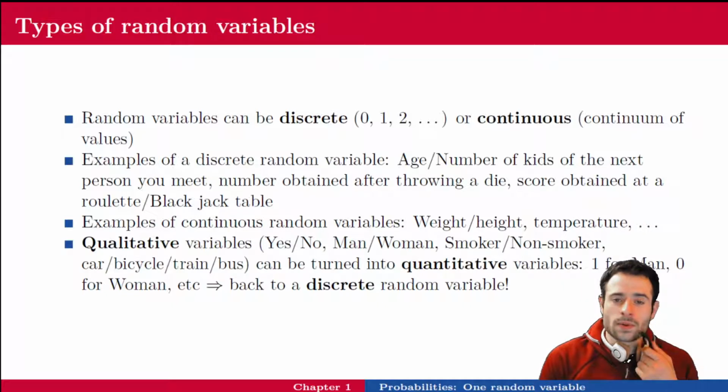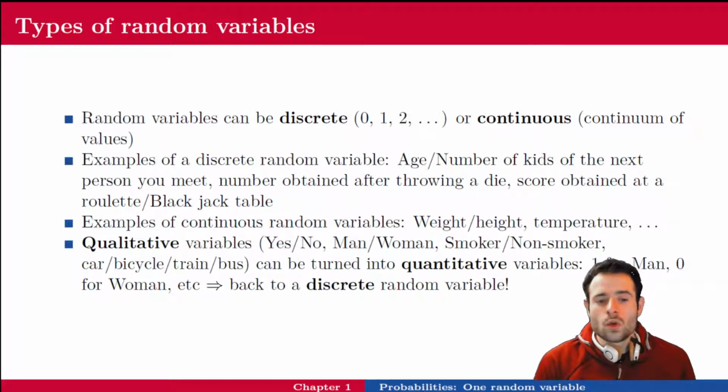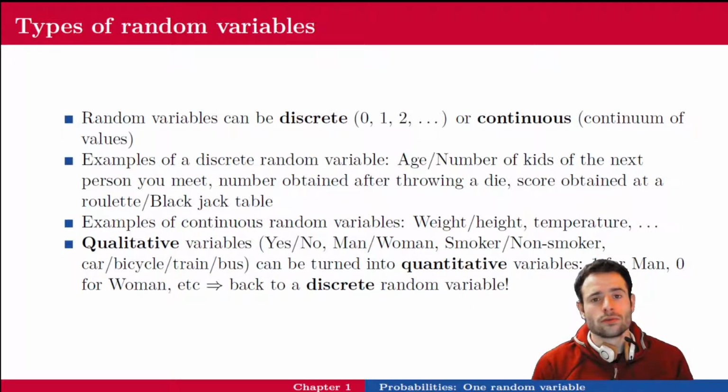This will be particularly relevant once we deal with R. R will be able to read yes and no, but R does not understand yes and no as a number. So somehow R has to code these letters into some kind of a number, because at the end of the day, a computer only understands two things, 1 and 0, the binary language.